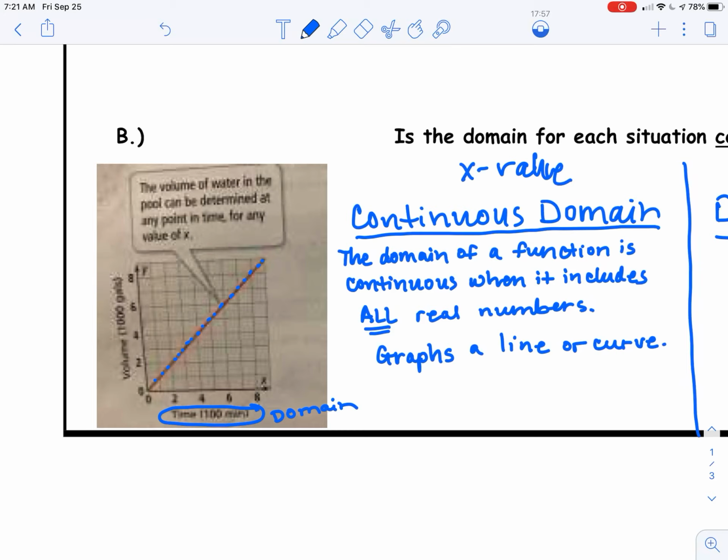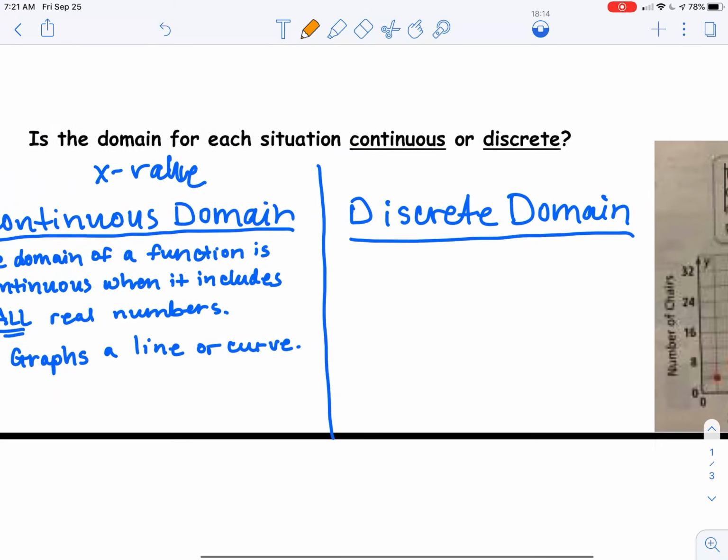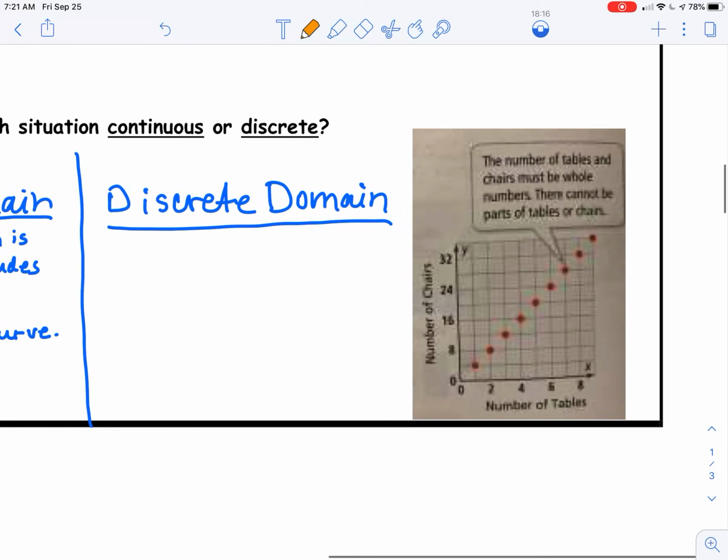You could be at 3/4 of a minute, which would be 45 seconds. Okay, so here we're at 1 minute. Let me change the color of my pen so you can see it. Here we're at 1 minute. Here we're somewhere in between 1 and 2, and we're getting closer to 2, but it includes every single point on that line. But on a discrete domain, where we're talking about tables and chairs, we're not talking about points that are in between here.